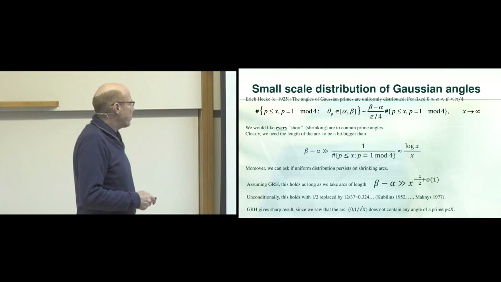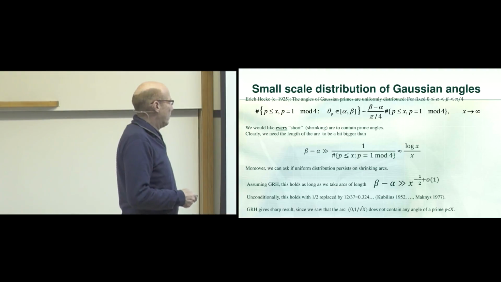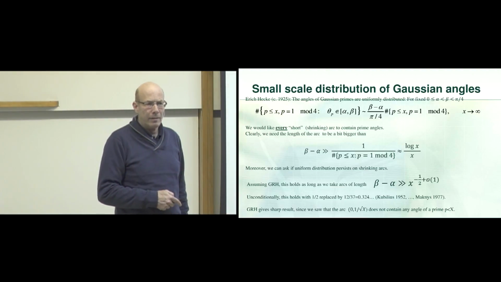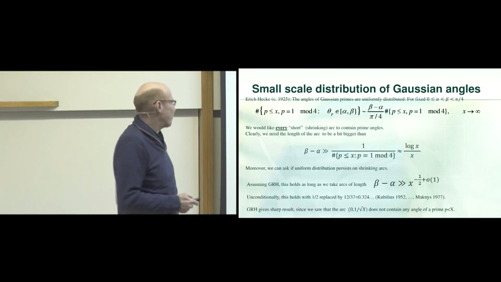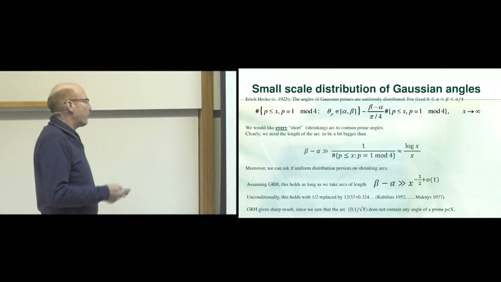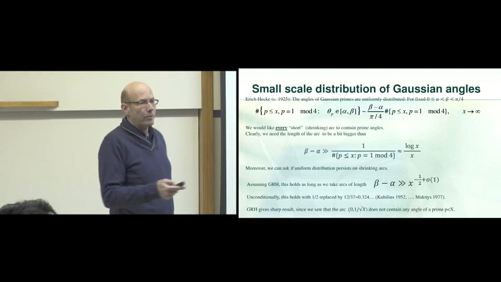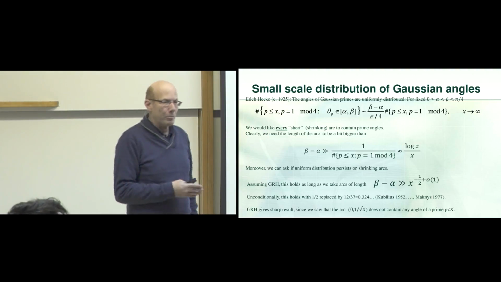Without the Riemann hypothesis, you have to replace a half by some smaller number. This was initiated by Kubilius in the 50s, somewhere in the Baltics, I think. Where is Kubilius? Latvia? Vilnius. And he had a school of people, and I think the world record is still held by one of that school from about 40 years ago, with some exponent which is less than a half but bigger than 0.